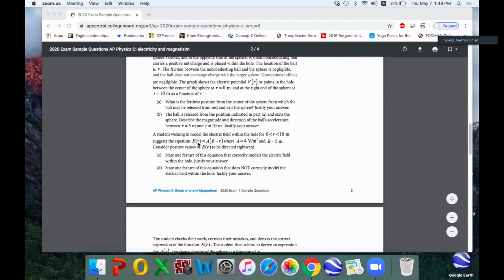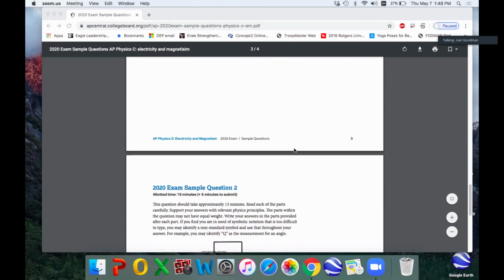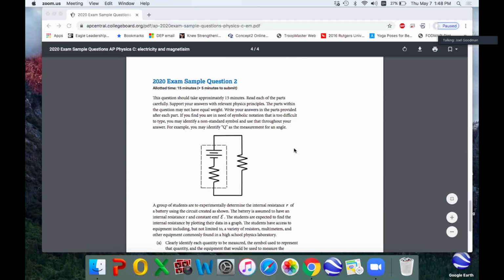Just jot down a basic formula. Like up here, what was the basic formula I wanted to write down? Voltage equals potential energy per charge, over Q. That got me started. Down here, the basic thing I wrote down was voltage equals IR. You got to start somewhere. So you start with the basics, and that might help you.